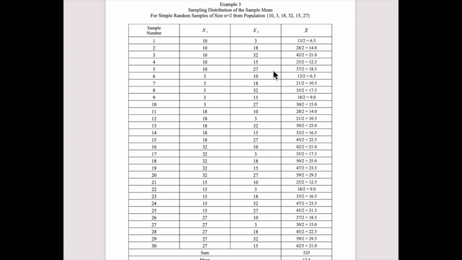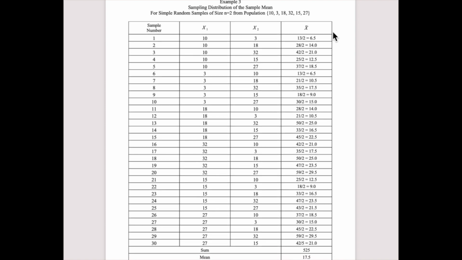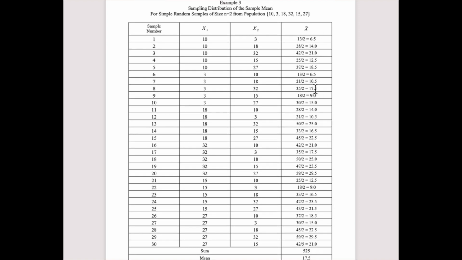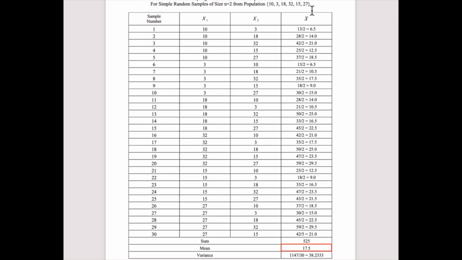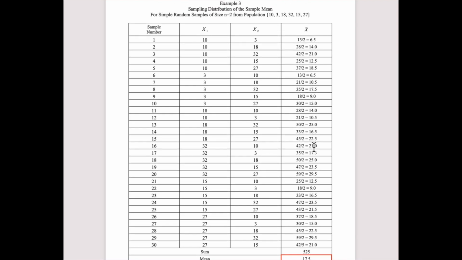Okay, so here are the sample means. You see all 30 of them there. And when we calculate the mean of that column of data, we get 17.5. So that 17.5 is the mean of the sampling distribution of the sample mean for simple random samples of size little n equal to 2 from this population of 6 values.